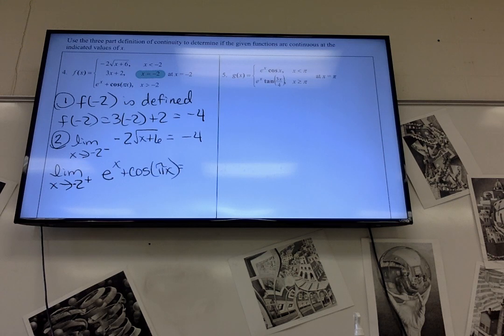So it's e to the -2 times cosine of -2 pi. Use the unit circle. That's at the point (1, 0). So it's 1. So that's 1 over e squared plus 1.